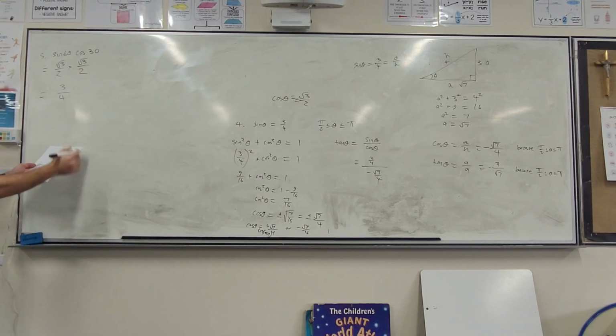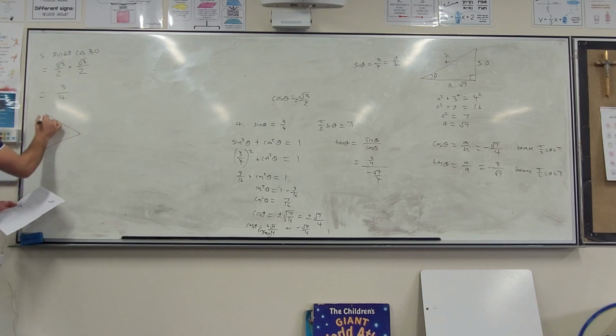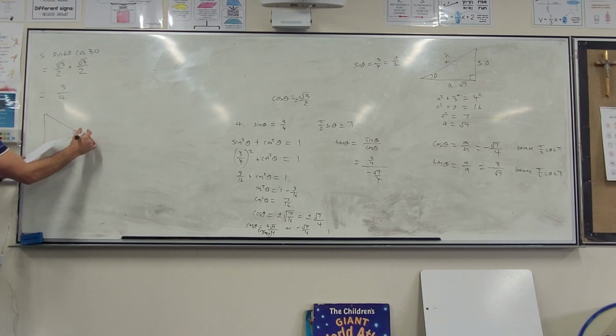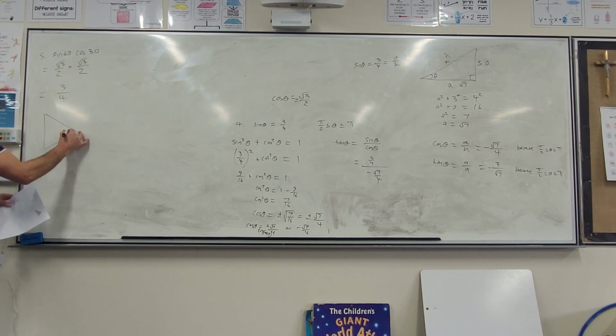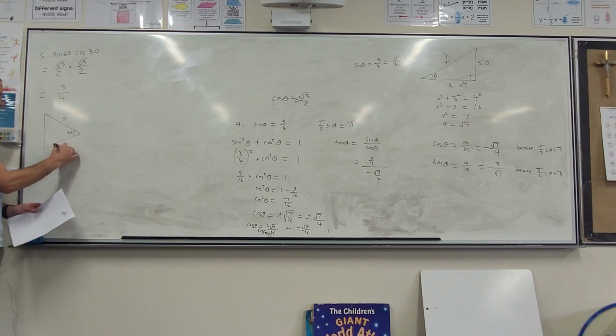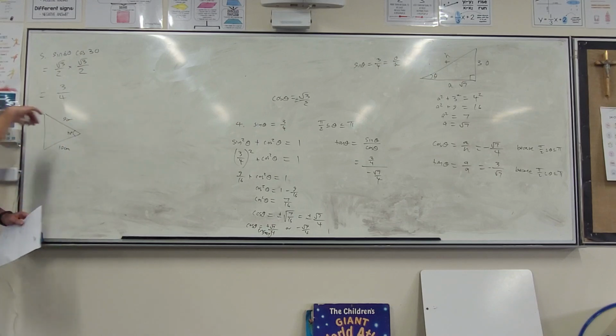So first up, we have this triangle, and we're told to find the area and unknown sides and angles of the following triangle. So this is 40 degrees, this is 9, this is 10. Okay, we'll do the area first. That's what we learn in 6A.